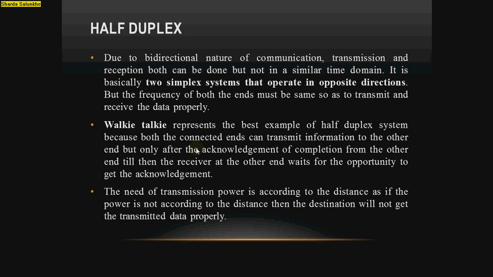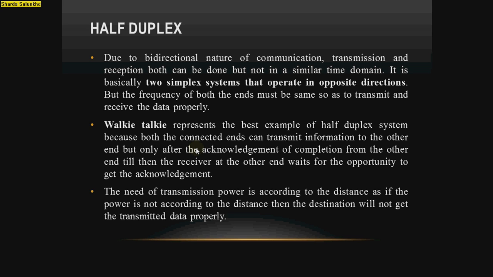So in half duplex, due to the bidirectional nature of the communication, transmission and reception both can be done but not at the same time. It is basically two simplex systems that operate in opposite directions. That is the duplex system, but the frequency of both ends must be the same, so as to transmit and receive the data properly.